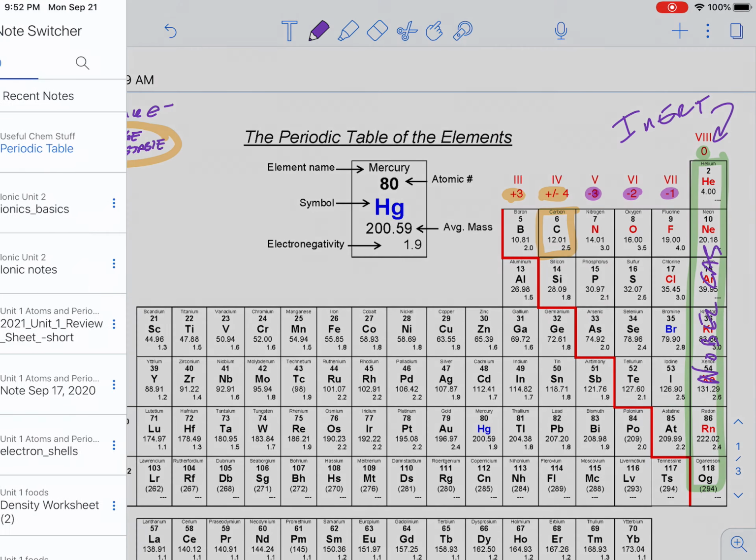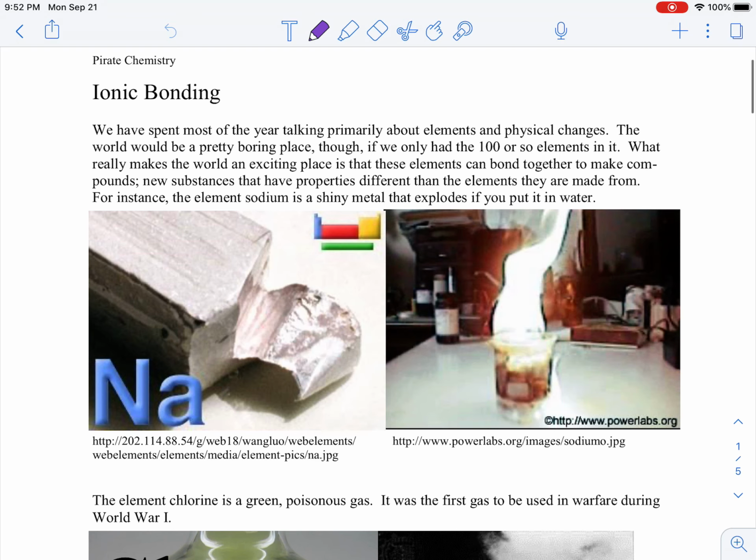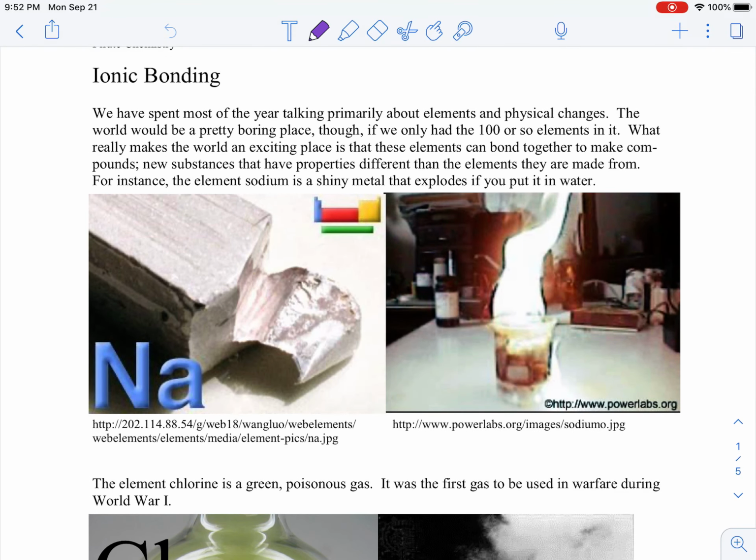So to do that, we'll start by looking at the ionic basic notes. You can follow along with these. You can put your own notes on them. I have to honestly tell you, when I first took chemistry, this example to this day stands out in my head as one of the reasons that I became so intrigued with chemistry.